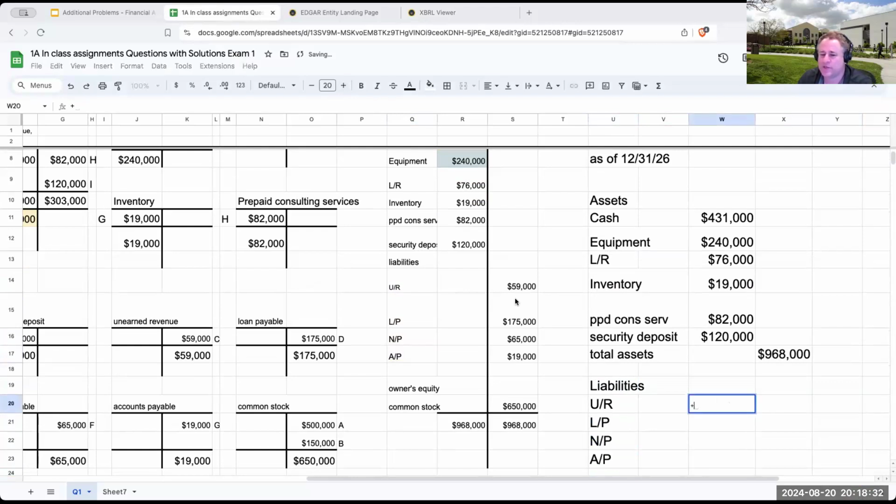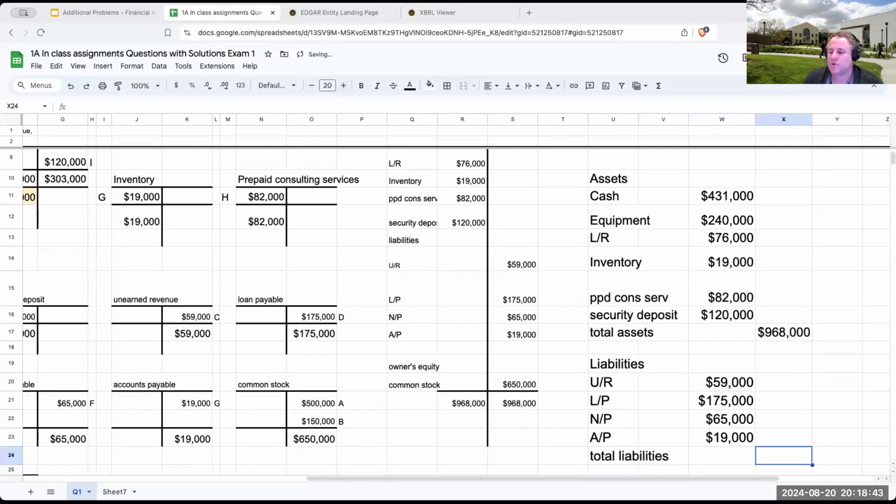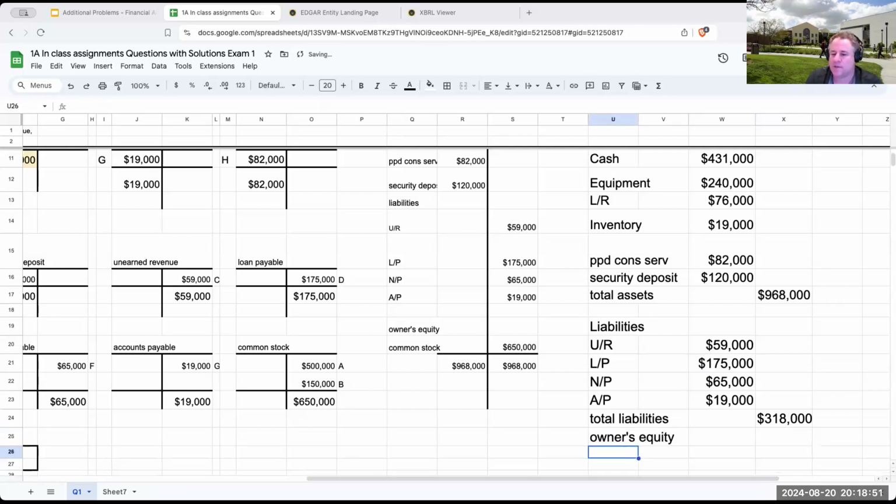Wow, that's like the whole kitchen sink. 59, 175, 65, and 19. So my total liabilities are going to be 318.